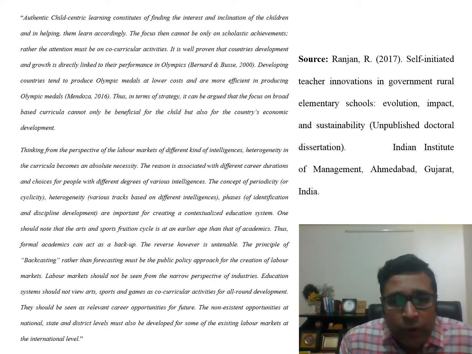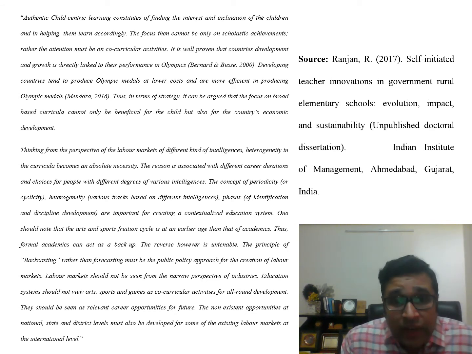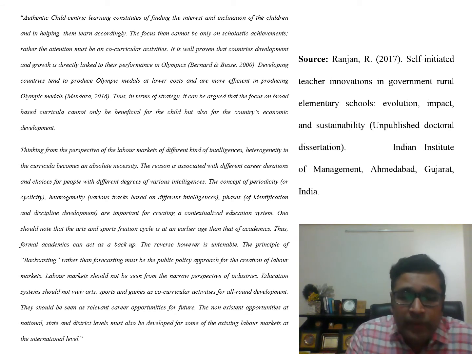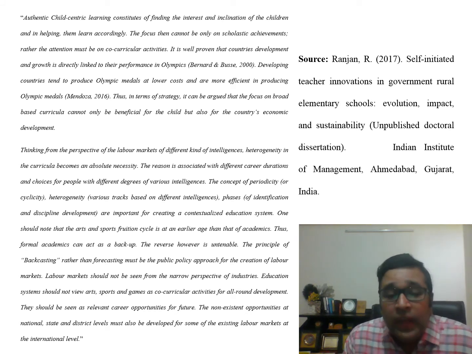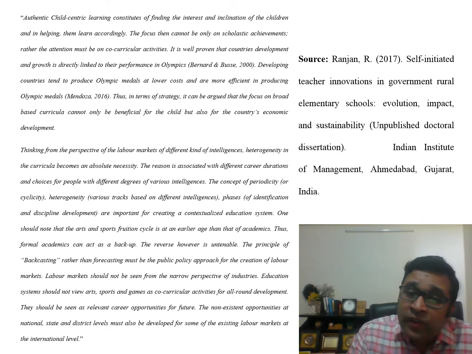The concept of periodicity or cyclicity, heterogeneity, various tracks based on different intelligences, and phases of identification and discipline development are important for creating a contextualized education system. One should note that the arts and sports fruition cycle is at an earlier stage than that of the formal academics that we talk about. Thus, formal academics can act as a backup. The reverse, however, is untenable.